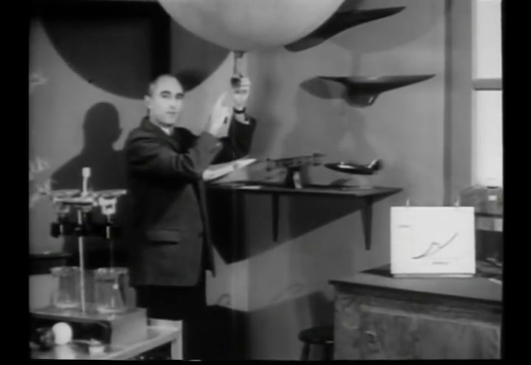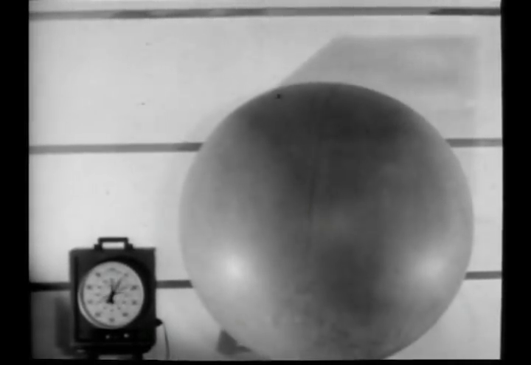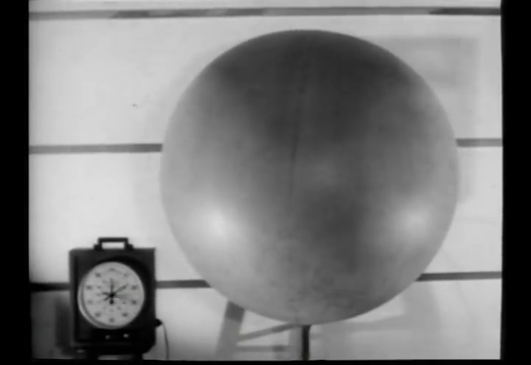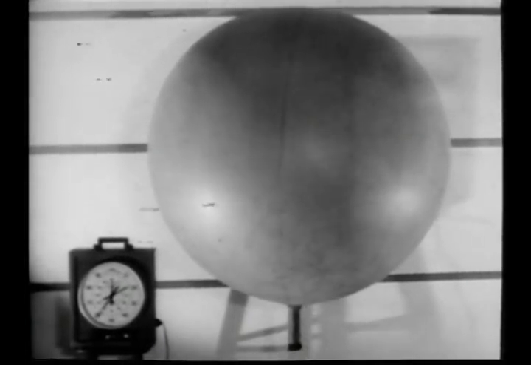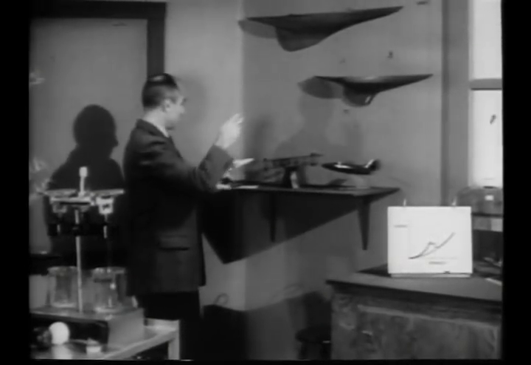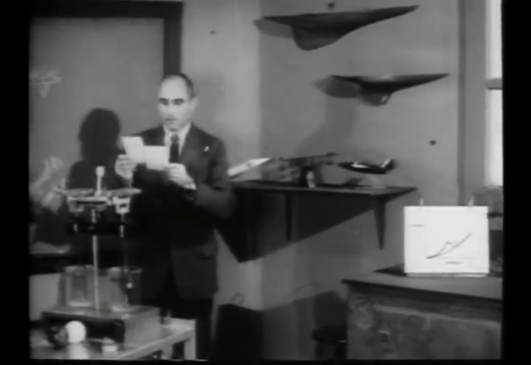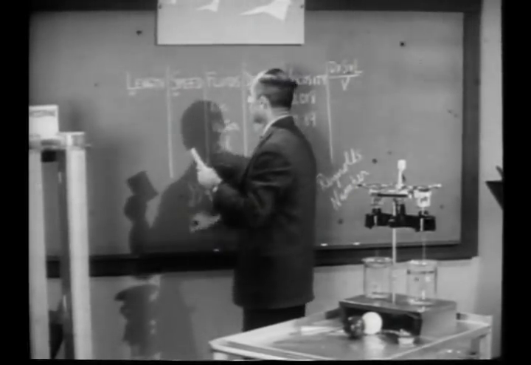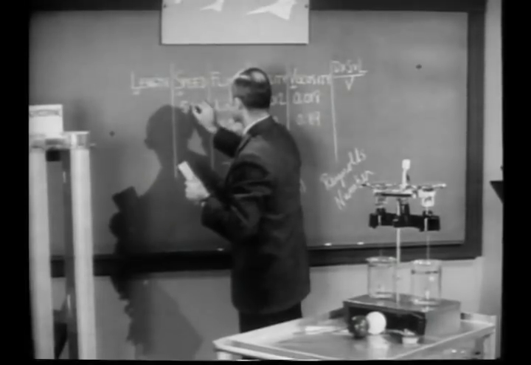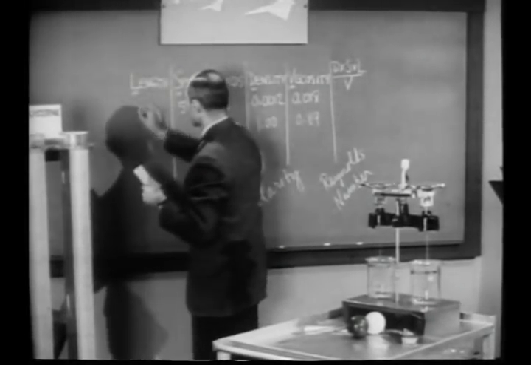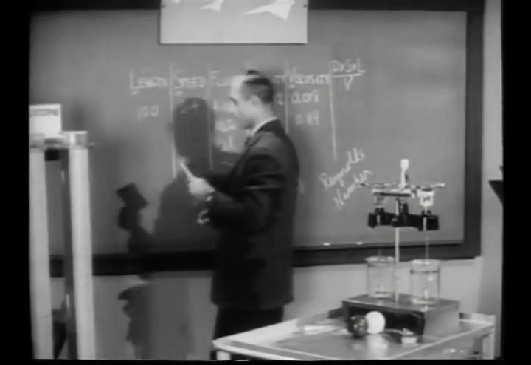By adding various weights to the balloon, we carried out a series of experiments, in each of which the terminal speed of ascent had a different value. In one of these experiments, the terminal speed was 5.4 centimeters per second. And you recall that the diameter is 100 centimeters.